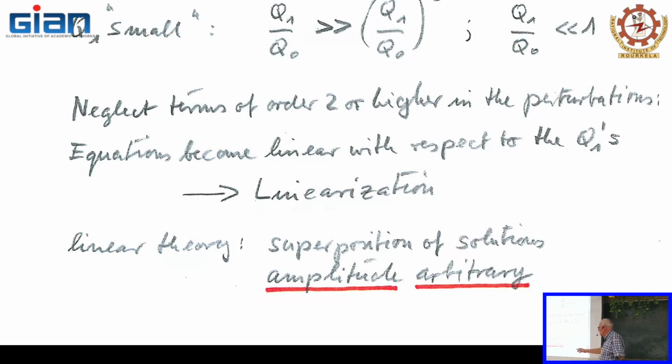That means, on the other hand, that we cannot determine the amplitude of a perturbation, because we can always multiply any solution with an arbitrary factor, and it will become a solution again. That means the amplitude of the solution cannot be determined in principle from a linear theory. This is a major drawback of this linear theory.